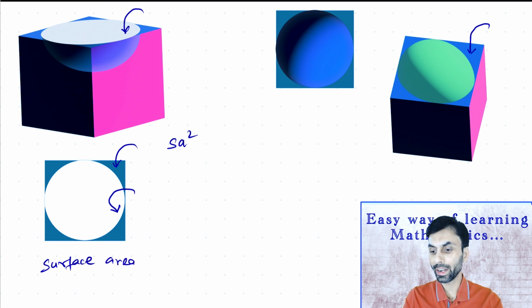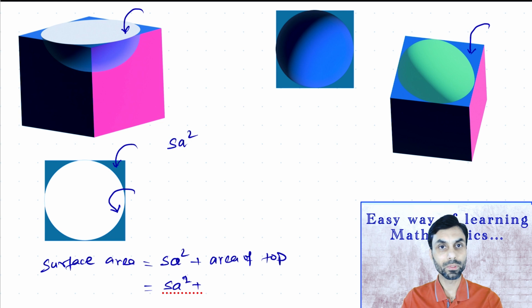Surface area will be equal to the surface area of 5 faces of the cube, which will be 5a square, plus the area of the top. The area of the top will be the area of these corners, which is a square minus pi r square, as we are hollowing out the top surface in a circular manner.